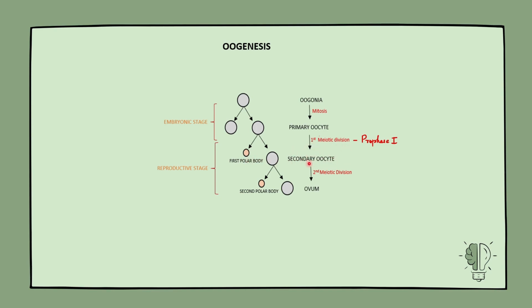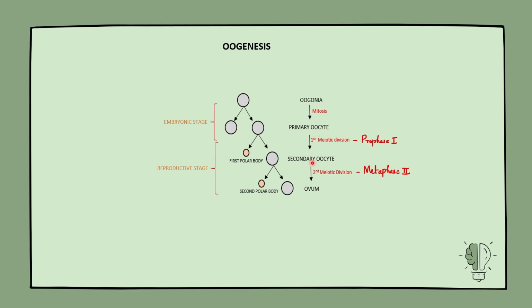Alright, now the secondary oocyte is present within the Graafian follicle. Within the Graafian follicle, the secondary oocyte then begins the second meiotic division where it gets suspended at metaphase 2. The Graafian follicle then ruptures to release the secondary oocyte, and this process is called ovulation.